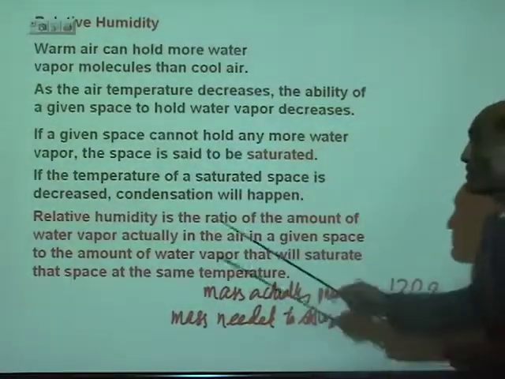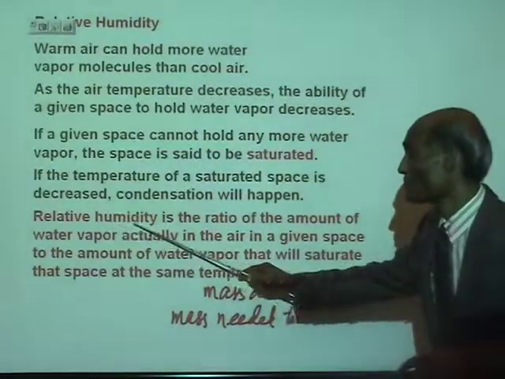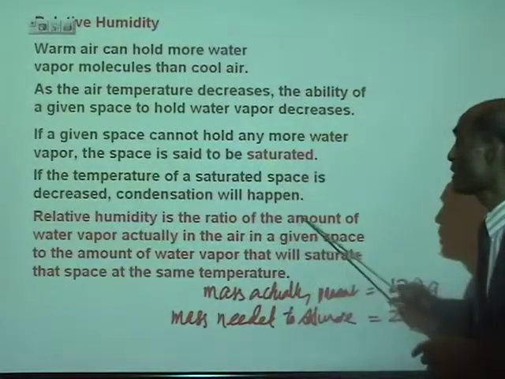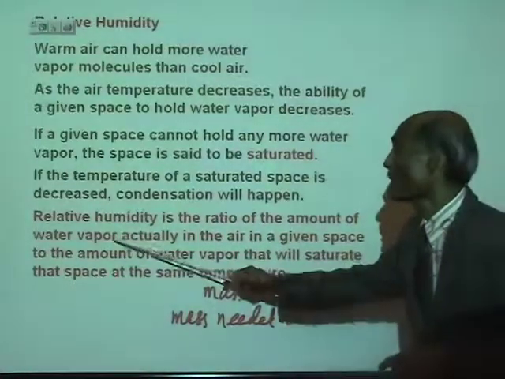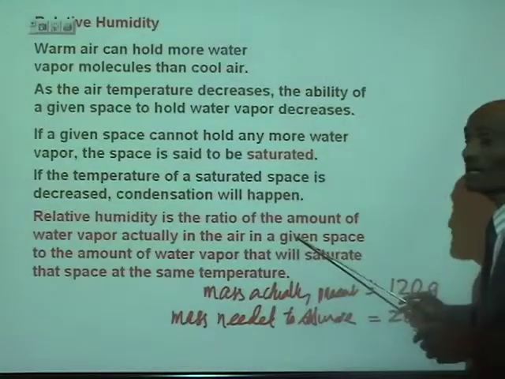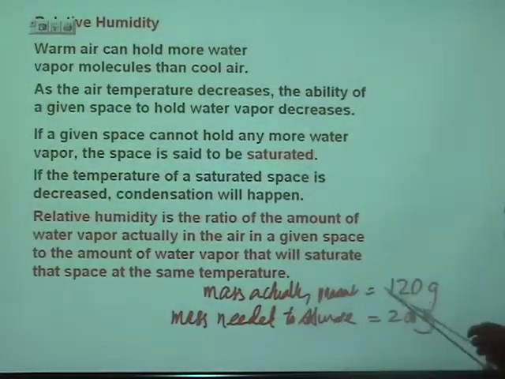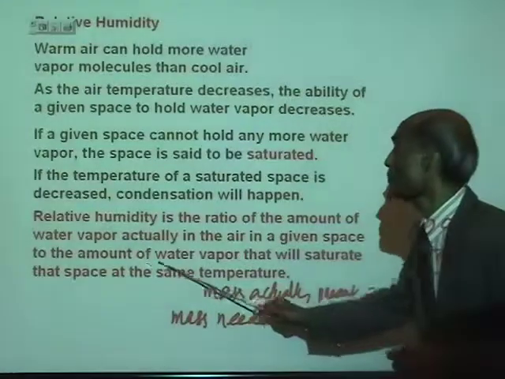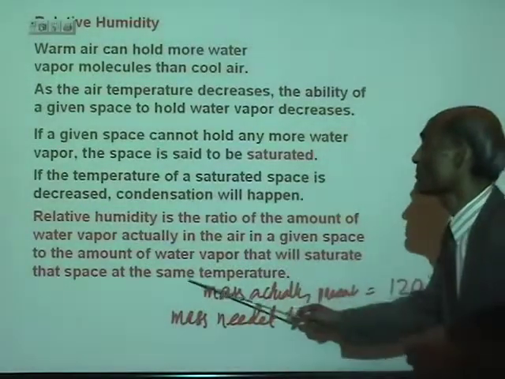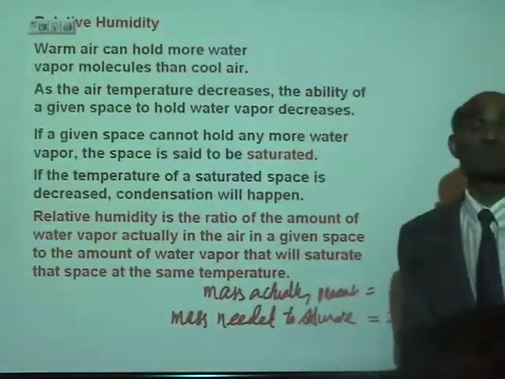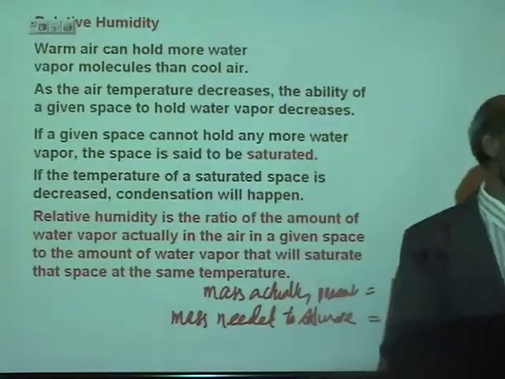Therefore, relative humidity, watch it again. Relative humidity is the ratio of the amount of water vapor actually present in the air, which is 120 grams, to the amount of water vapor that will saturate the same space at the same temperature.